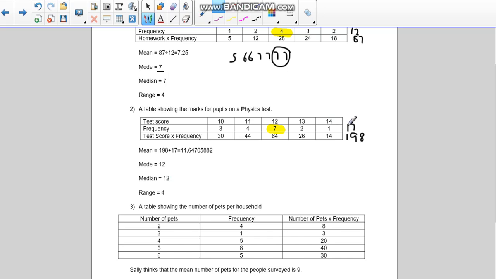which means the one in the middle is going to be the 9th bit of data. So I'm going to have 8, then I'm going to have the 9th bit of data, and then I'll have 8 more. So I'm looking for the 9th piece of data.